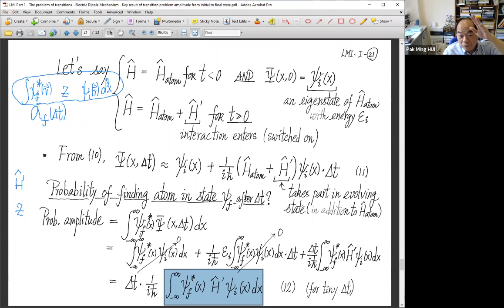Now, punchline follows. I usually pause before I give you another concept. Now, if this integral turns out to be 0, and that has to do with the 2p, 3s wave functions and an x or y or z in between, if that is 0, that is to say, you cannot find it there. There's no chance for that transition.